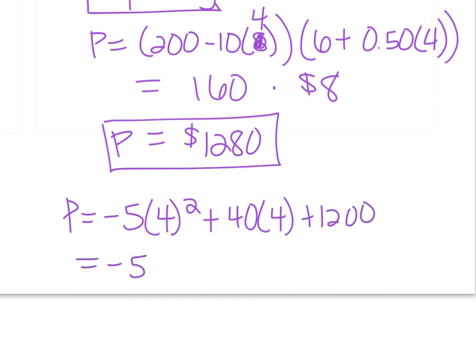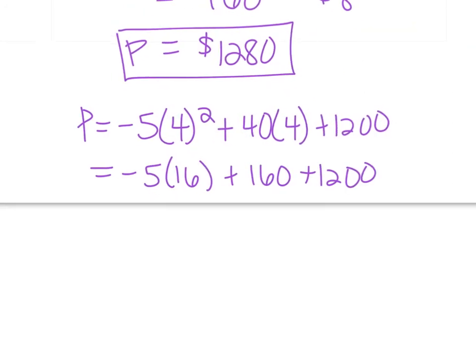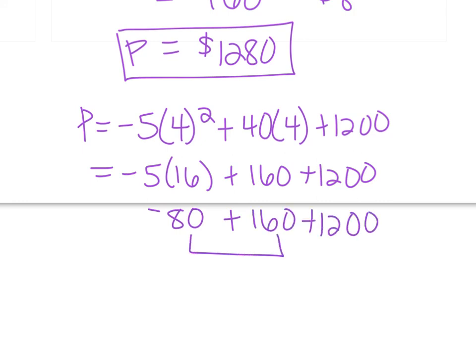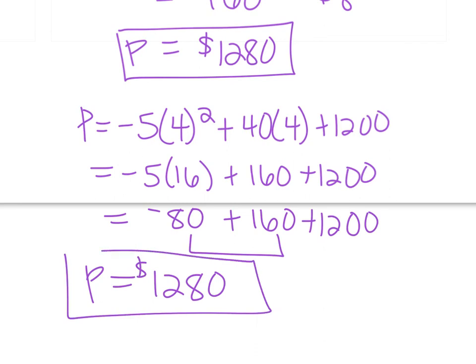So we get negative 5 times 16 plus 160 plus 1,200. This 5 times negative 16 gives us negative 80. And then plus 160 plus 1,200. These together become positive 80, so it's 1,280. So we get the same answer no matter which form of the equation we use. So he will make a maximum profit of $1,280.